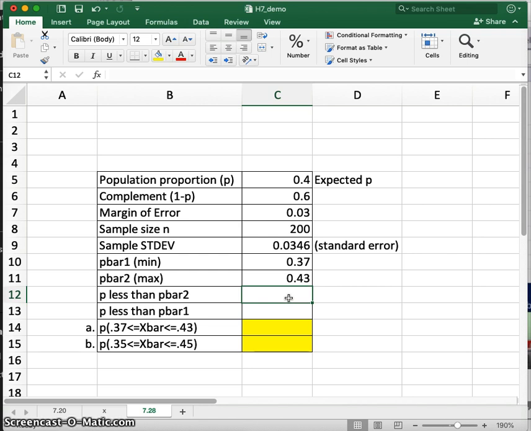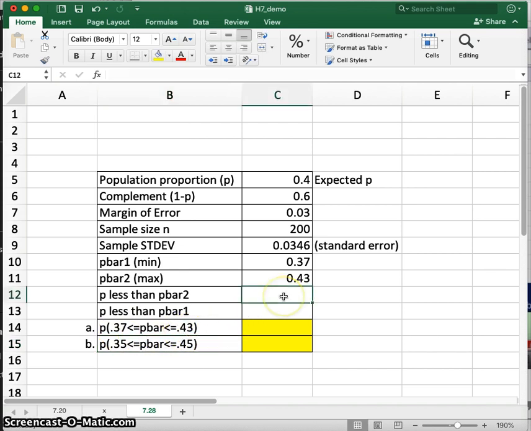Now again, I want to find the probability that the sample p-bar would be less than 0.43 and the probability that the p-bar would be less than 0.37. Then I just subtract one from the other. I'll find out the probability that p-bar is between 0.37 and 0.43.